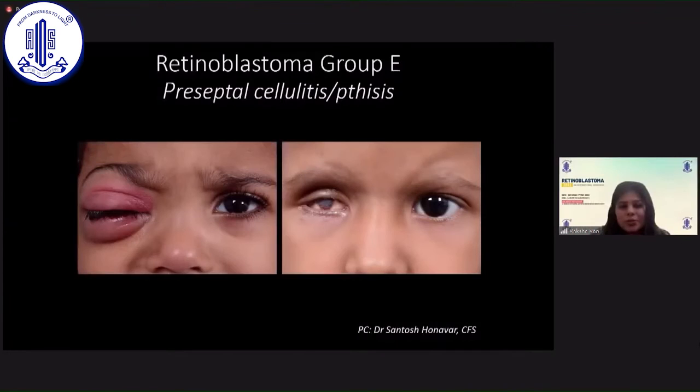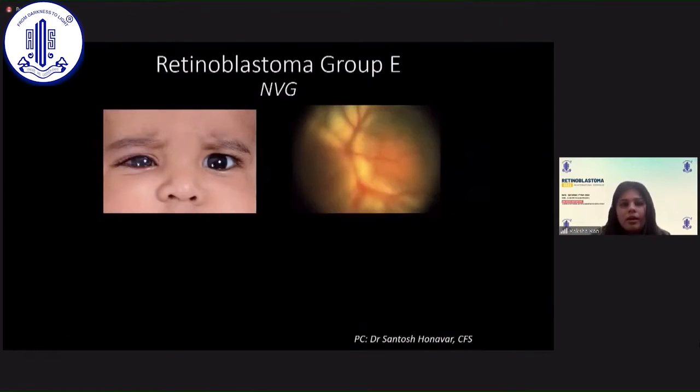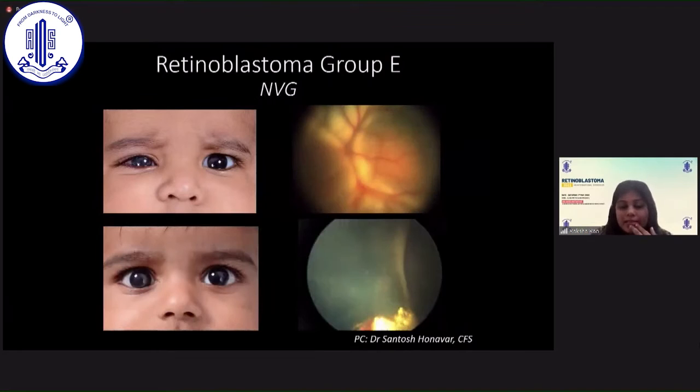Sure. So again, group E has different high risk factors, a very diverse group which has preseptal cellulitis and phthisis, which has obviously almost zero scope for ocular survival. However, like our recently published article on NVG, we noticed that certain eyes are definitely salvageable.